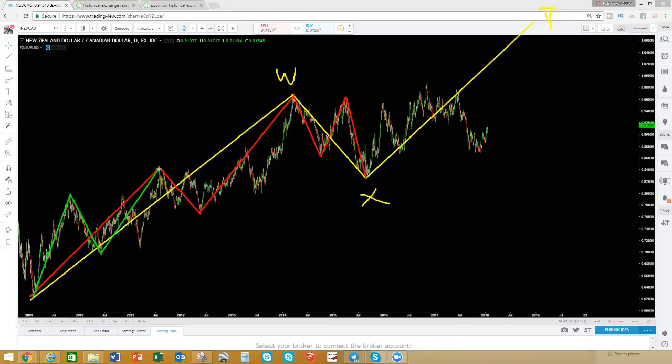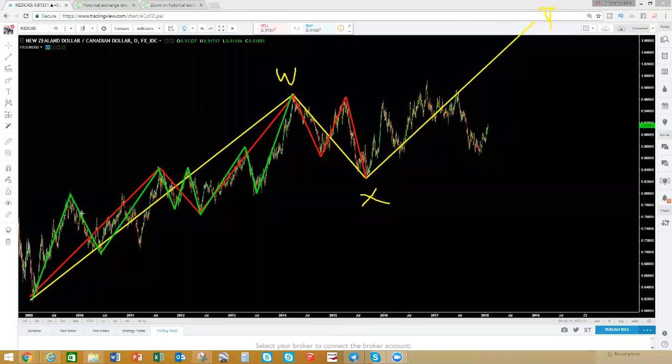Look how equal these legs are within each and every corrective structure here. Under the red, 3 waves under the red, all the way. And you'll see how equal these legs are all around. The red is equal in between under the yellow.